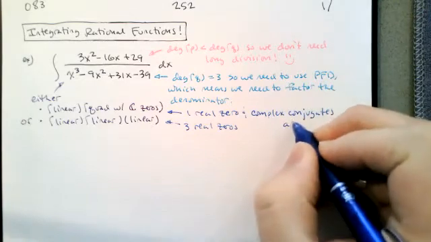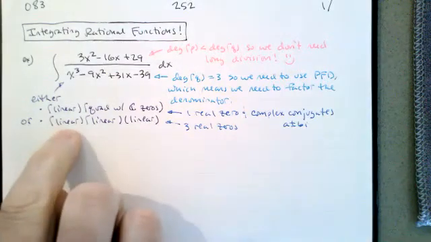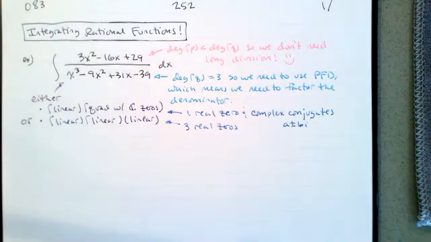A plus or minus bi is what I mean. We know there is at least one real zero because it's an odd degree polynomial.